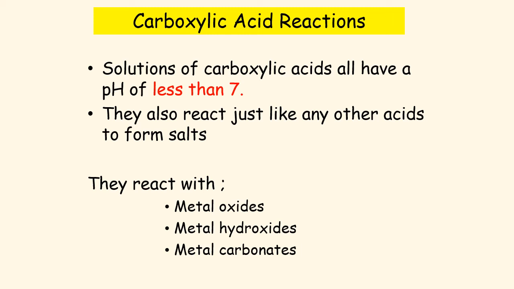And they typically would turn universal indicator red or orange in color. They also react just like any other acid. So you can react metal oxides, metal hydroxides, and metal carbonates with carboxylic acids.